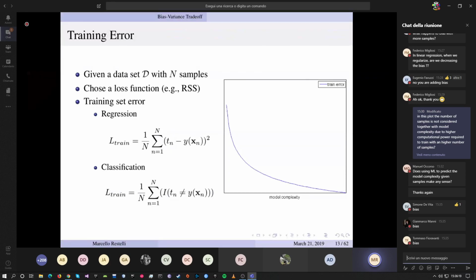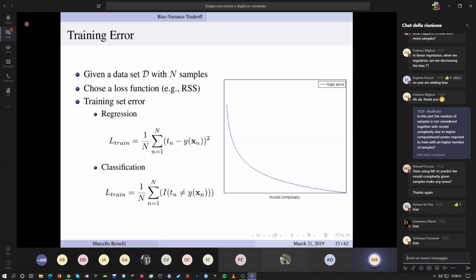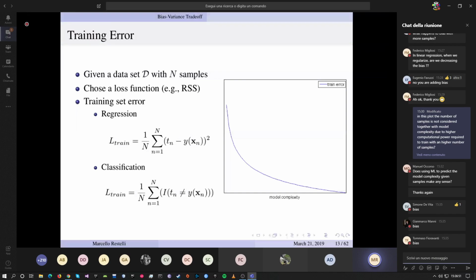But unfortunately, it is not able to capture the variance at all, so it disregards the variance completely. So by looking at the train error, you will always choose the model with the maximum complexity, because it will overfit the data, pass through all the data, and so is not aware that it is not generalizing over unseen data. So the train error is not a good measure of the general error, but only of a part of this error, that is the bias.